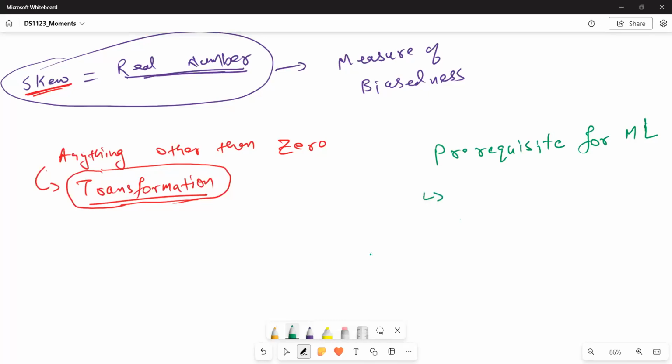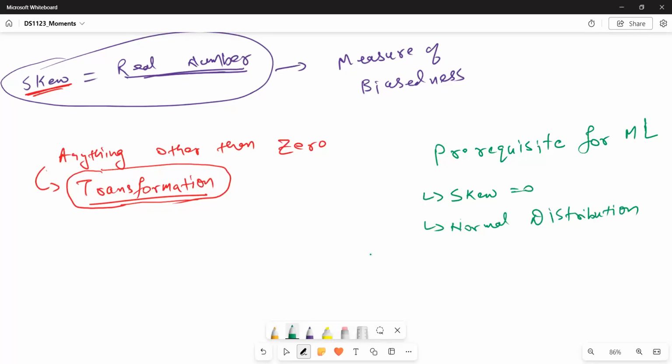The first is skewness should be zero. The second is your data should be normally distributed. There are various types of distribution, so your data should be normally distributed.